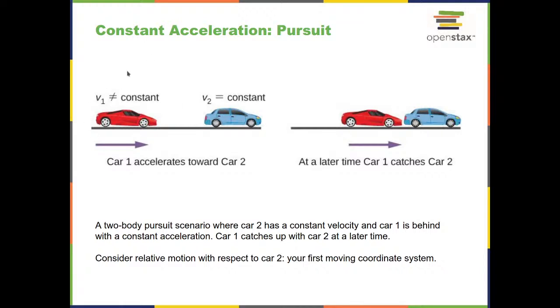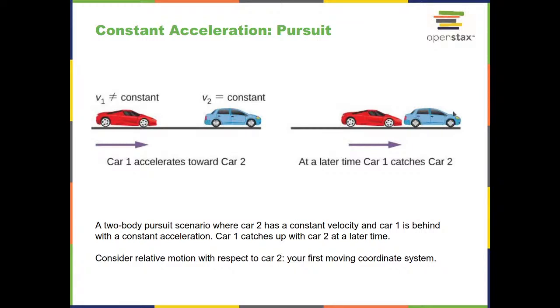The first car will have a positive acceleration, and at some time this first car will overtake the second car, or will be at the same position as the second car. So this will give us two equations we have to write, for x for the first car and x for the second car, and at some point those two values, x1 and x2, will have to be equal, and that will allow us to solve an equation for the time it takes car 1 to catch car 2. So that's another type of problem that you will see in this context.